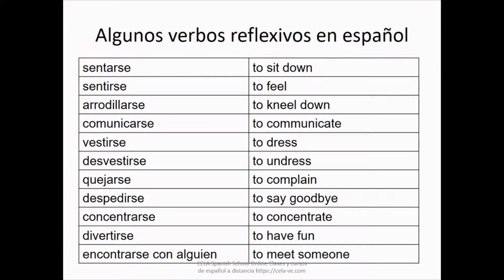There are many Spanish verbs that are pronominal. It is good to make a list of the most common ones and practice them. Here we have more.